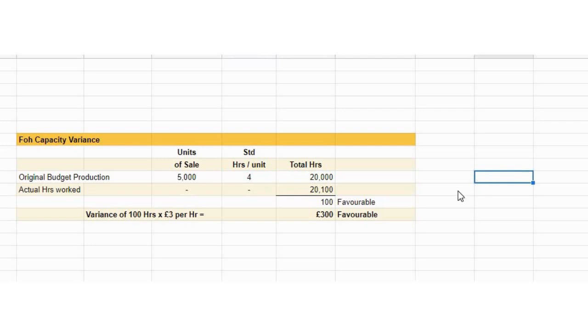The hours actually worked were 20,100. In a similar vein to the sales volume variance, where more sales gave a favourable variance, here more hours also give a favourable variance. During that production run, 100 extra labour hours were found, and that variance of 100 hours at £3 per hour gave a favourable variance of £300.